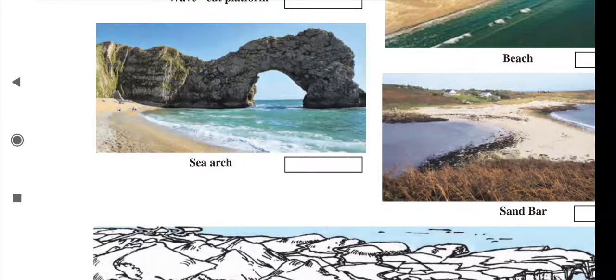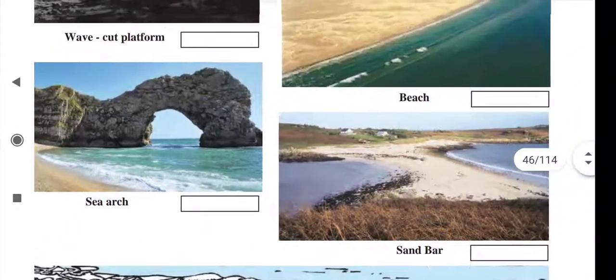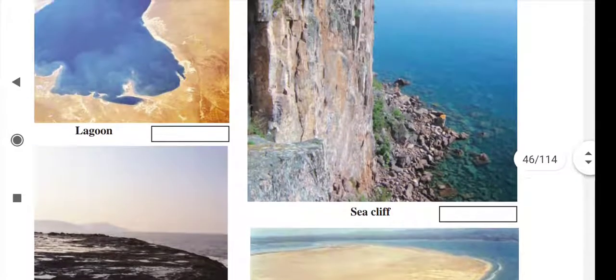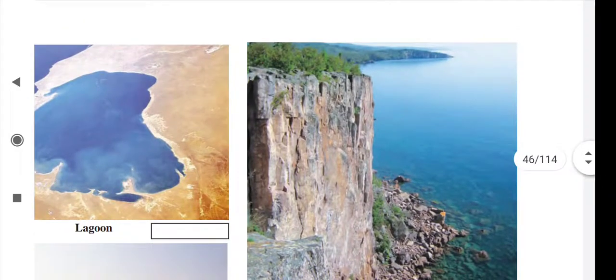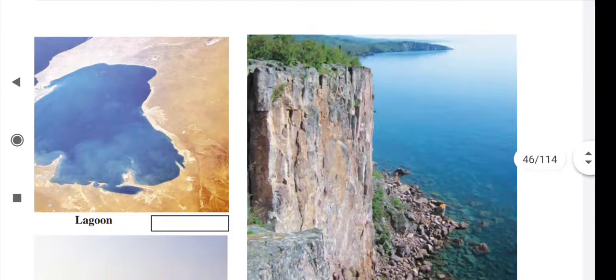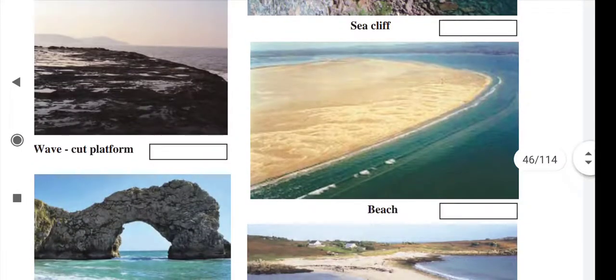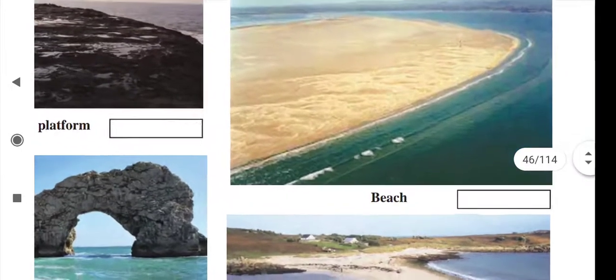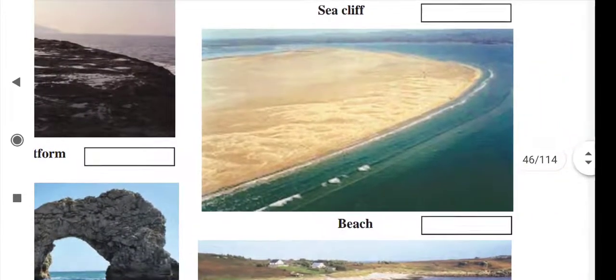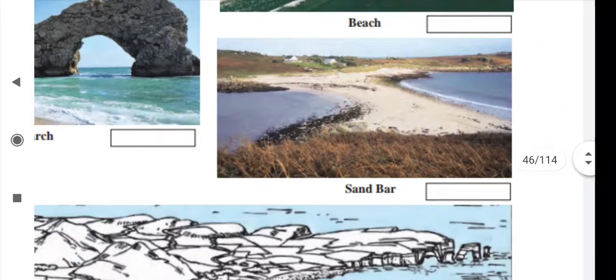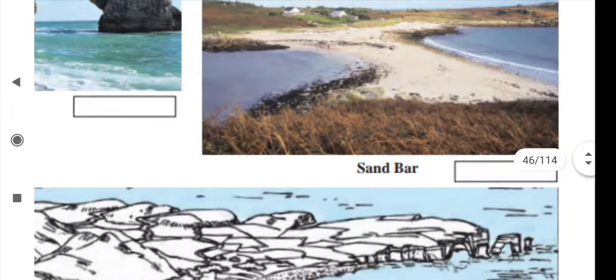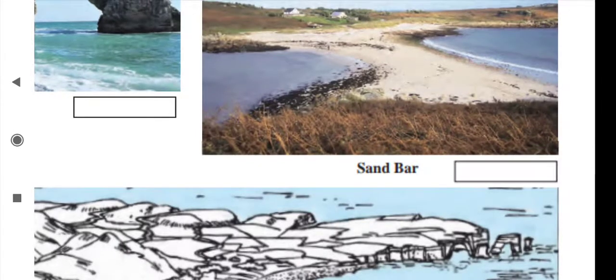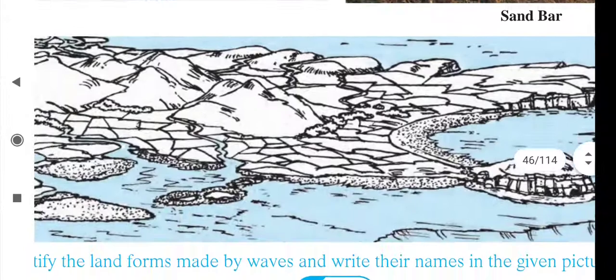It is because of erosional work. So here, sea cliff. Sea cliff is because of erosional work. Next is beach. It is because of depositional and transportational work. Then sandbar, it is because of erosional, depositional and transportational work.